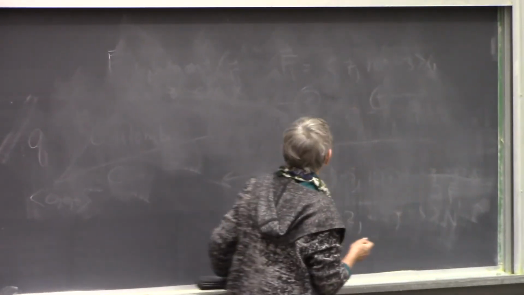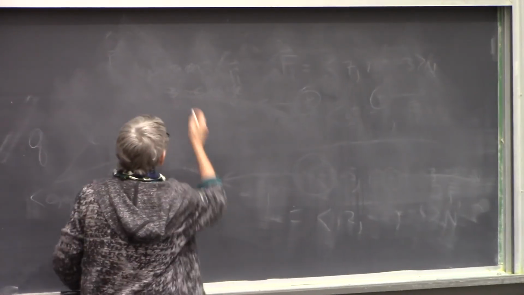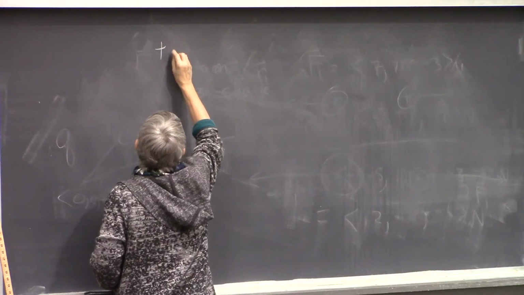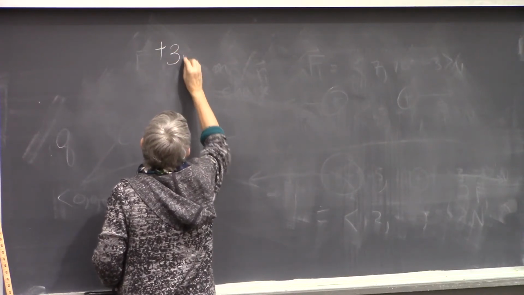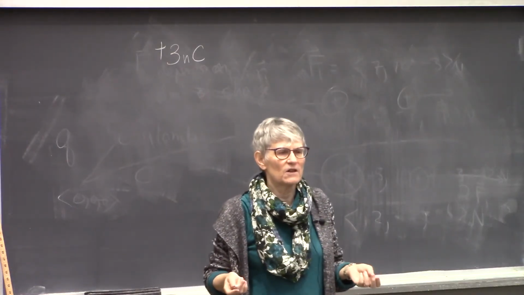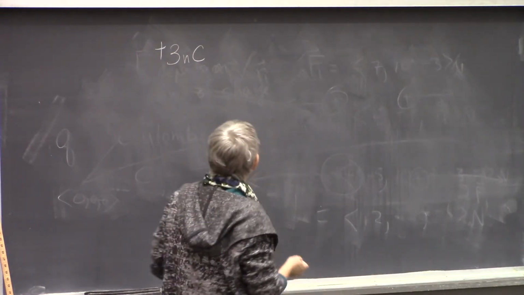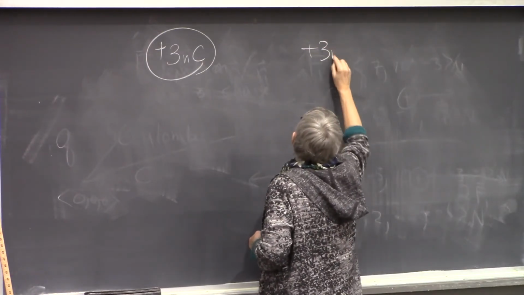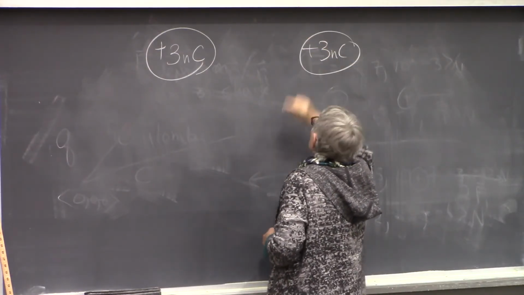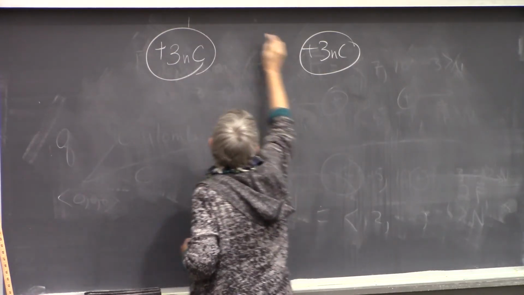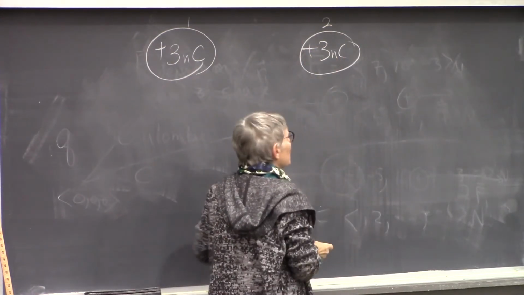So let's consider a couple of cases. Suppose we have an object whose charge is plus 3 nanocoulombs. Nano is 10 to the minus 9th. And another object whose charge is plus 3 nanocoulombs. This is object 1, this is object 2. We want the force on object 2.